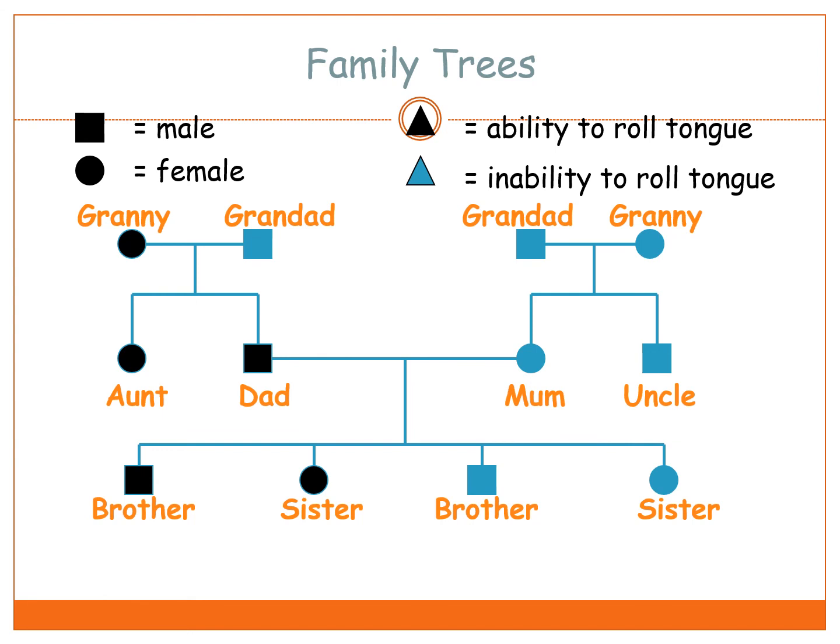So the answers would be, firstly, ability to roll your tongue is dominant, and you can tell that because when Granny and Grandad are crossed and they've got the two different phenotypes, your aunt and your dad have the ability to roll the tongue, which means that they're dominant. So that means that all of the people with the inability to roll their tongue must be recessive.